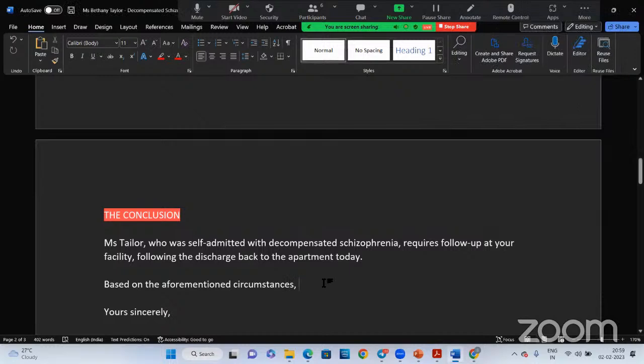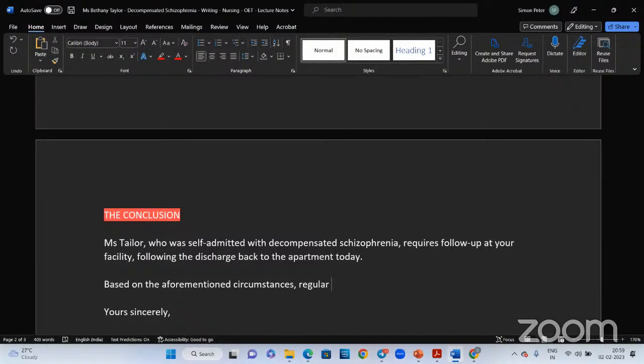Regular action plan, okay, continuity of care, you can say.